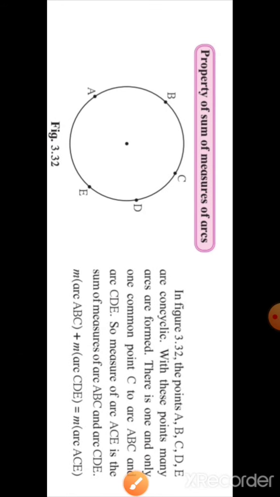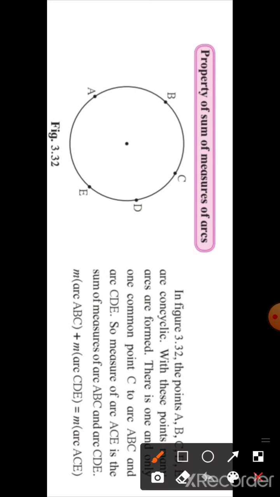Property of sum of measures of arcs. Now here the figure is given. In the figure, students, you will find that on this circle different points are given, A, B, C, D, E, and in this figure you will find the measure of arc ABC plus the measure of arc CD.